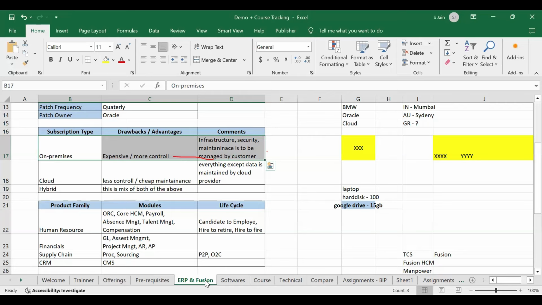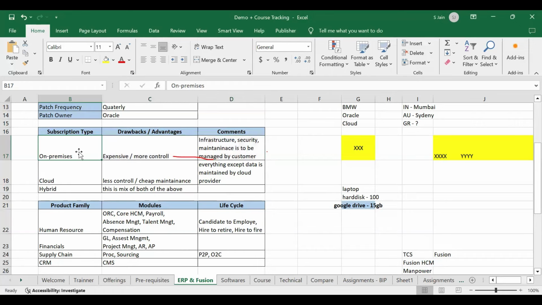The CBI maintains a lot of records in their software about their secret agents and all. They do not want the data of their employees to be hosted on a server of Oracle. They said, okay, we like your software, we want to purchase and use it, but we don't want the software to be installed on your server in the cloud. We have our own server, we have our own machines. Please come and install it on our machine. That is on premises, guys.